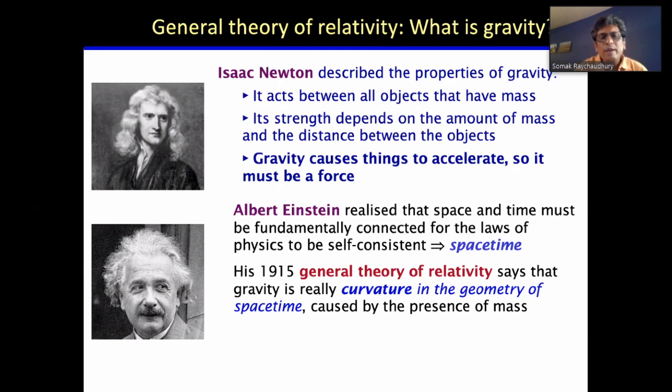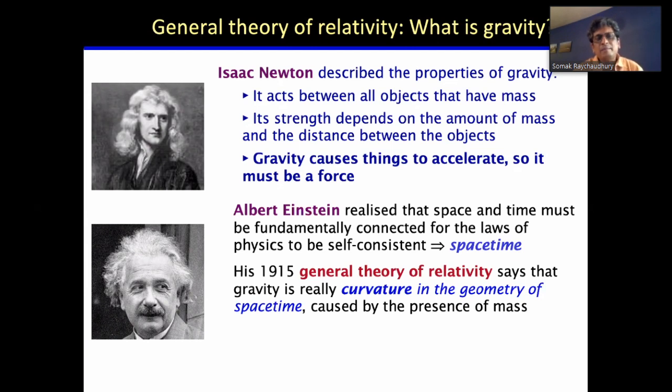And he moved away from this notion that gravity is a force which acts like an invisible thread that connects two objects, that one object pulls the other as if they're connected by a thread.